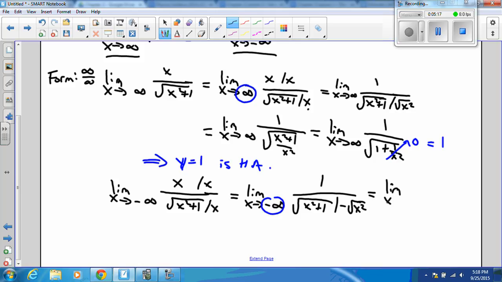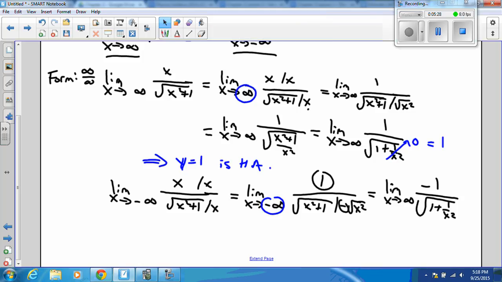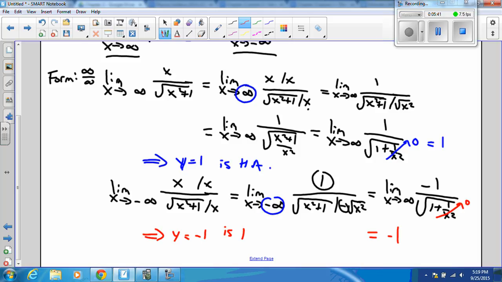It is a negative number, which then gives me the limit as x goes to negative infinity. Let's see here. 1 divided by negative 1 is negative 1 over root 1 plus 1 over x squared. And again, this goes to 0, so that my limit is now negative 1. And I get that y equals negative 1 is another horizontal asymptote of the graph of f.